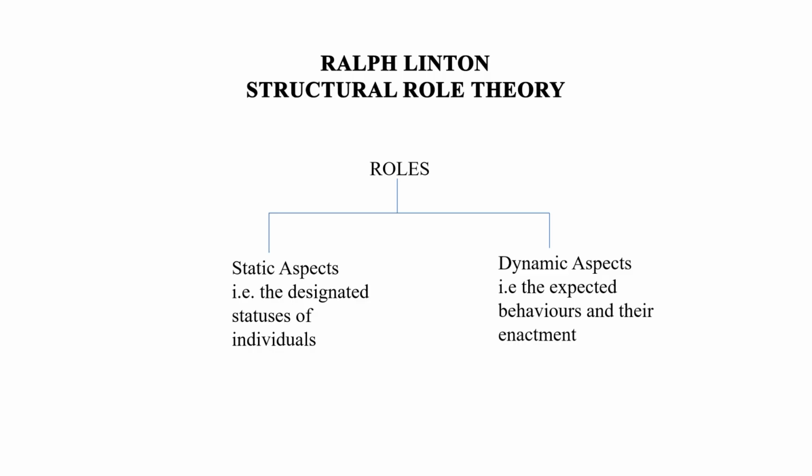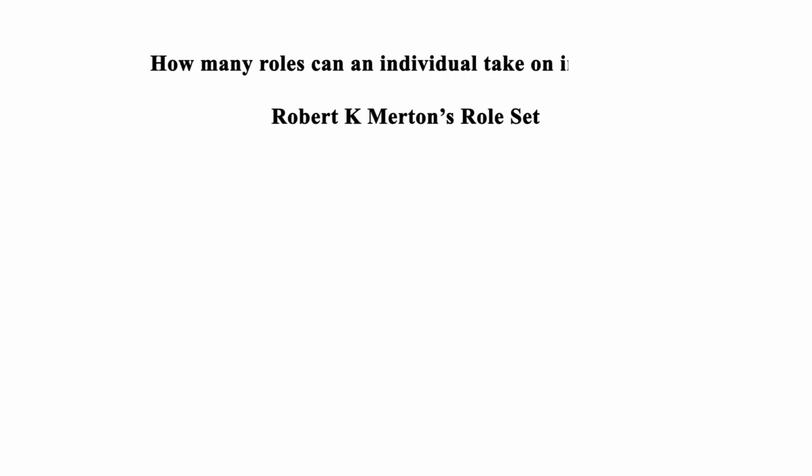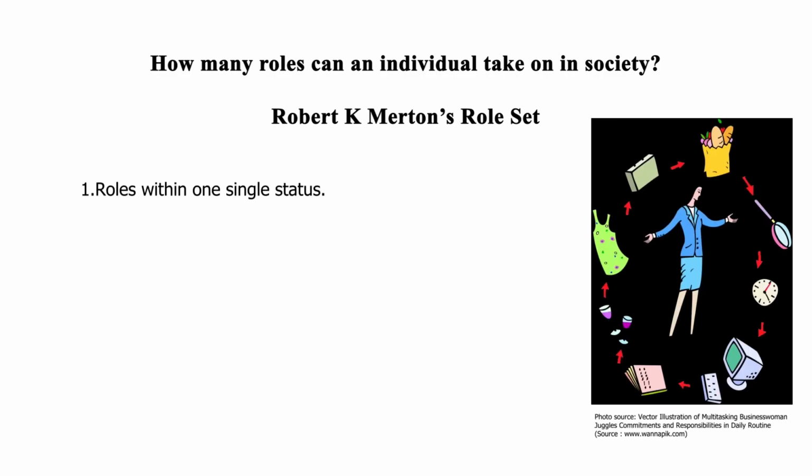A very important analysis of social roles was, however, provided by Robert K. Merton, who spoke of a concept called role set. Both Linton and Merton accepted that an individual can take on many roles in society.